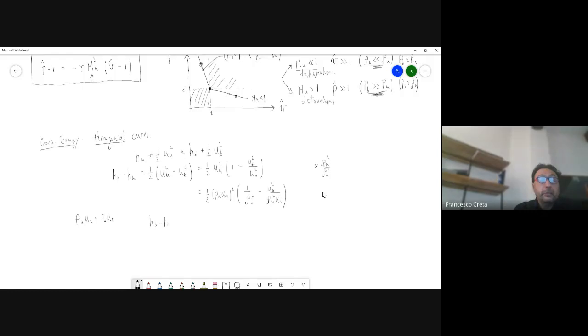HB minus HU will therefore be equal to 1/2 rho u squared, and so we substituted in here rho b ub, so we get essentially rho u squared minus 1 over rho b squared, which is something like minus 1/2 f squared, and then vb squared minus vu squared.